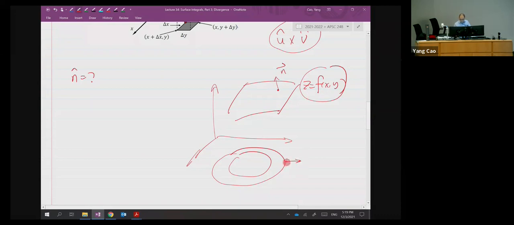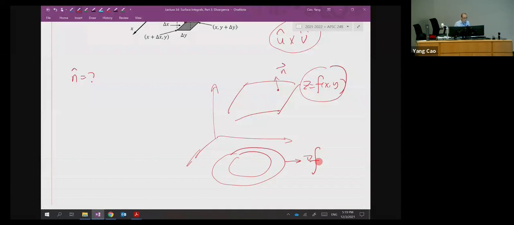If I ask you, what would be a vector perpendicular to the level curve? Gradient vector. Okay, so the gradient vector is perpendicular to the level curves.